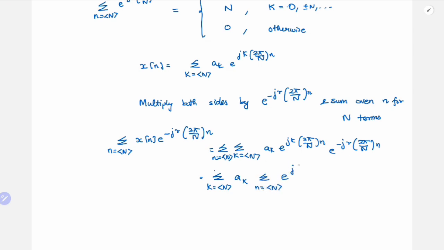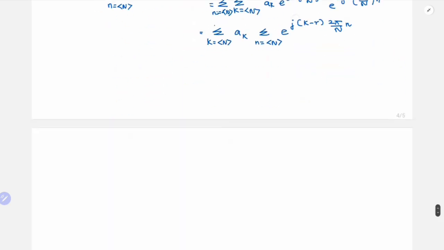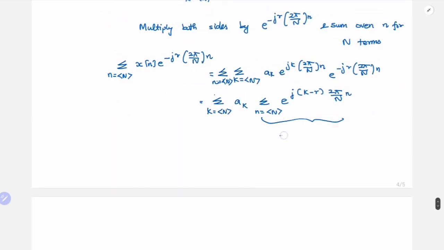So e^(j(k minus r) 2π/N n), right? And we already know this summation is equal to N for k equal to r, or k minus r is a multiple of N, 0 plus minus N and so on, or 0 otherwise.